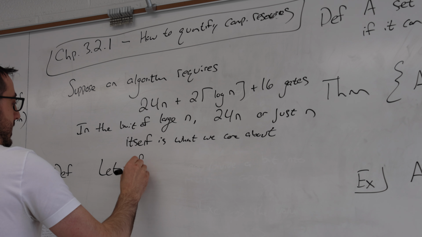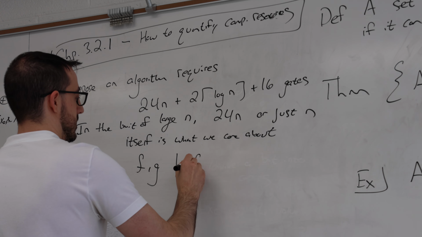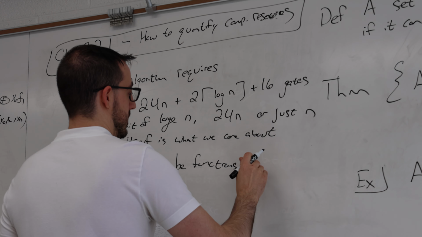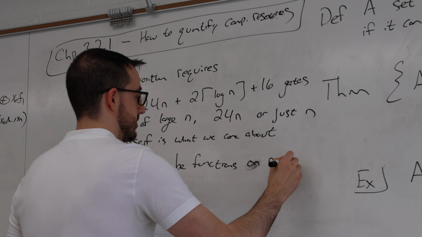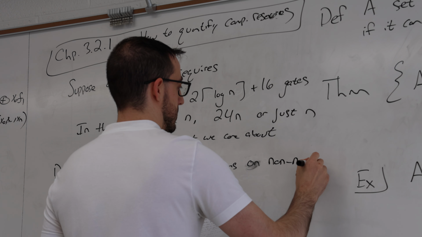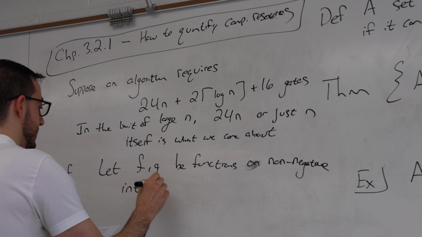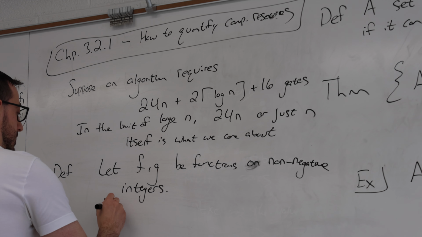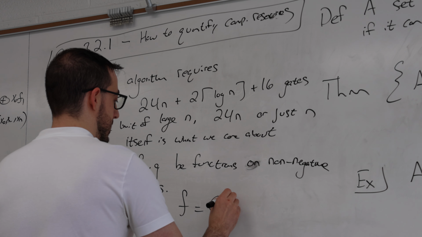So let f and g be two functions on non-negative integers. We say that f is big O of g.